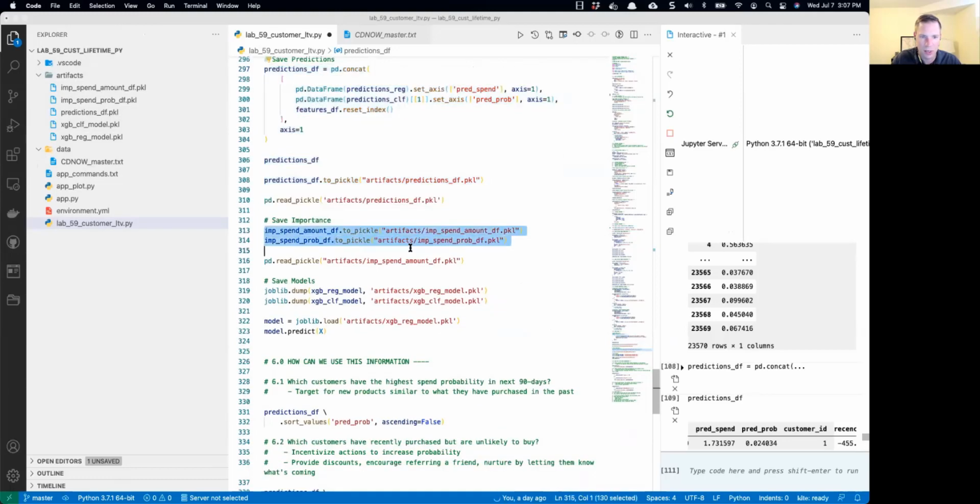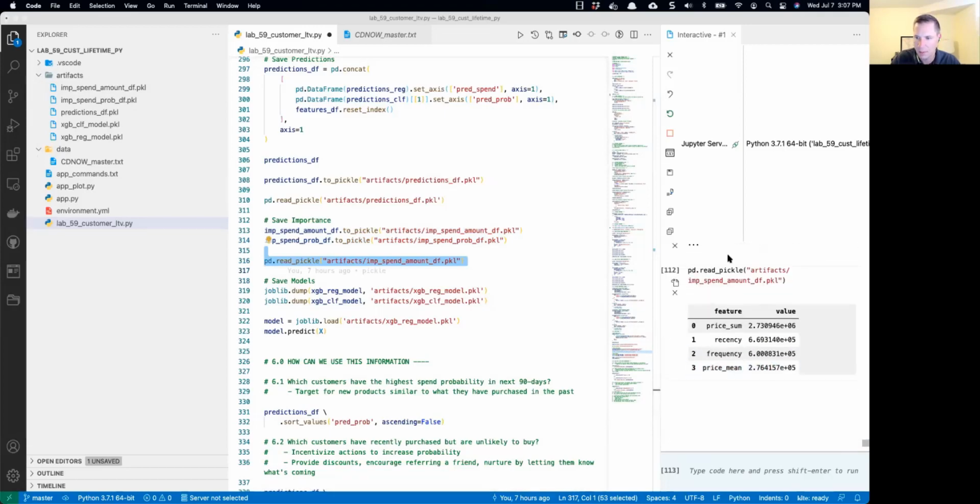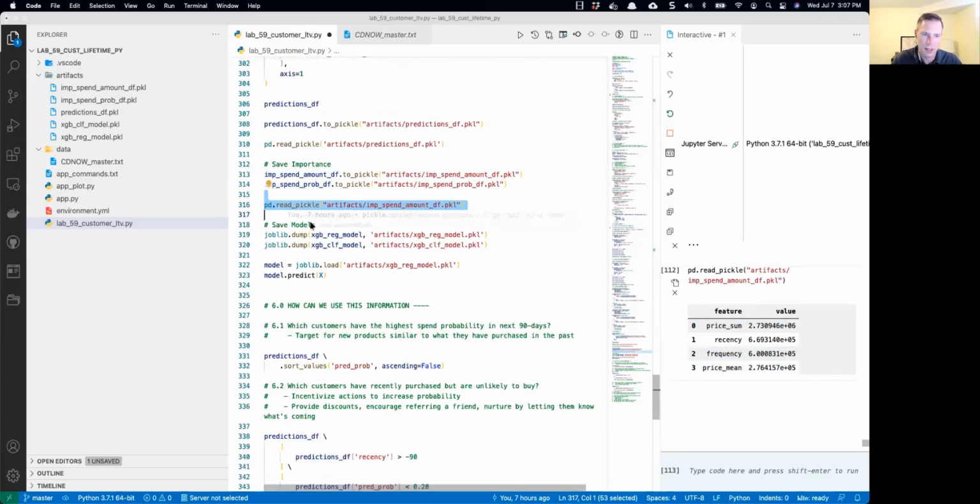If we do shift enter here, it saves our variable importance, and then you can read in that data. This is reading in the importance for the spend amount, which features were the most important. It's good to save these artifacts since you put a lot of work into this.